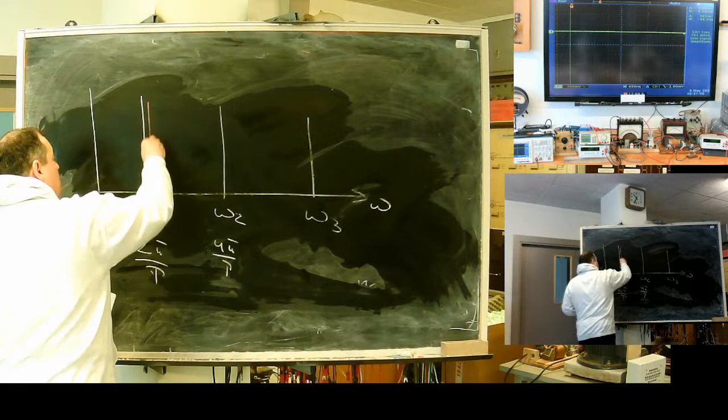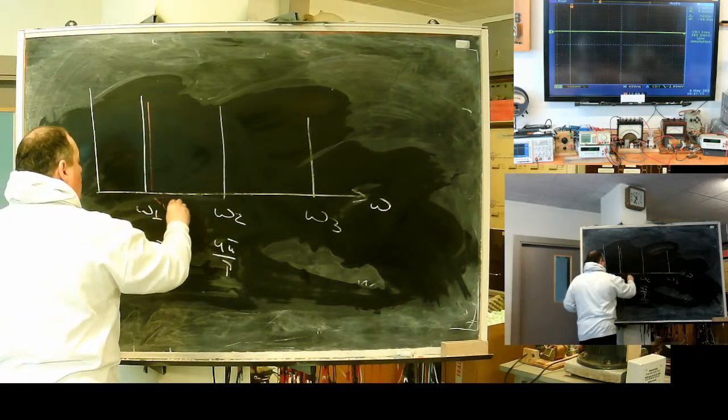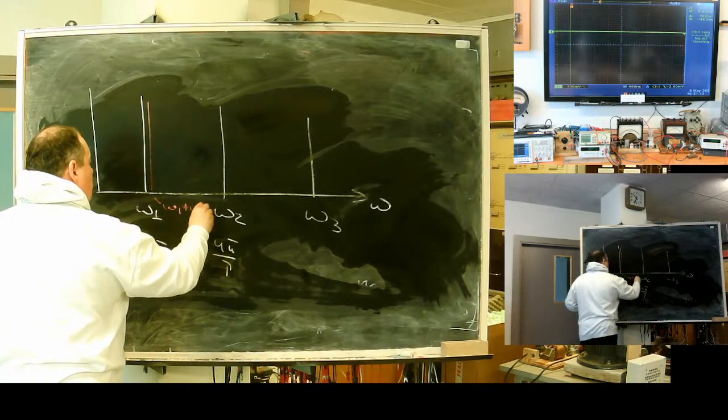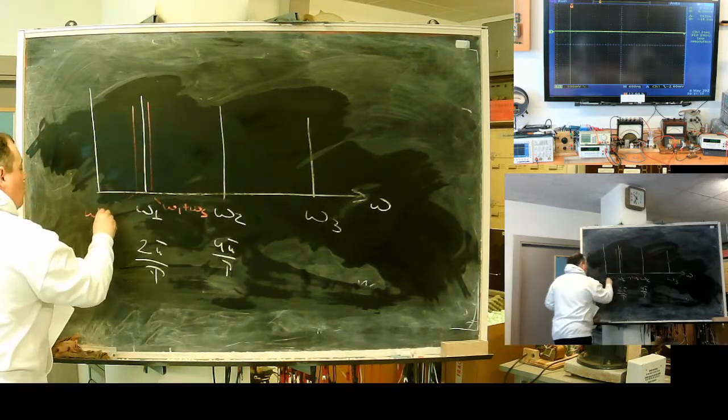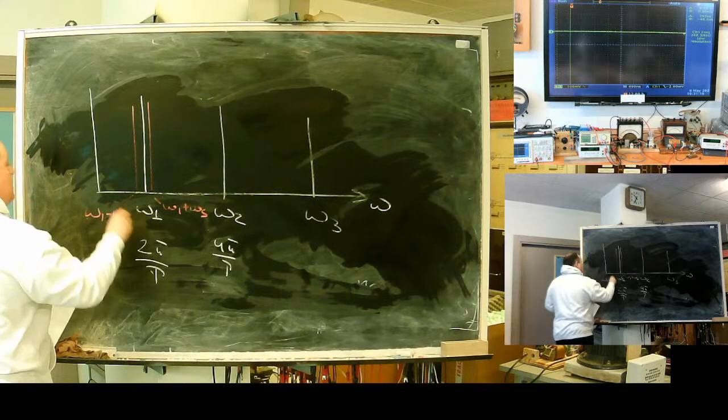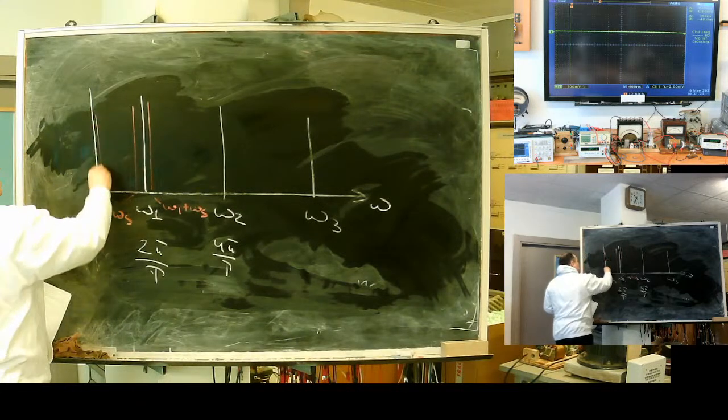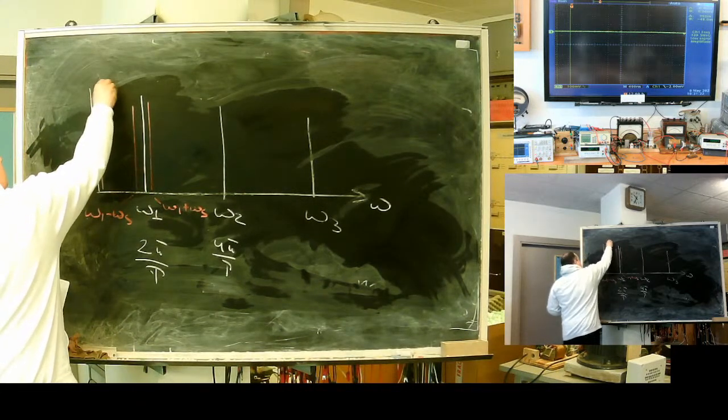This is omega 1 plus omega s. Omega 1 minus omega s. We will see a line at the frequency omega s.